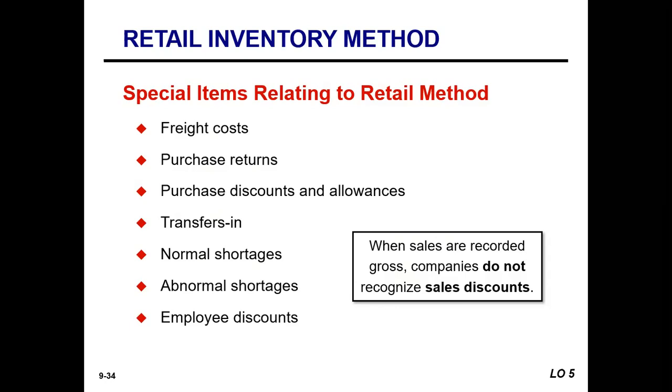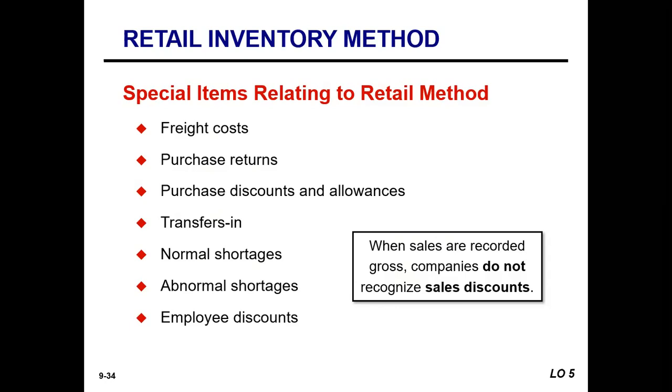Purchase returns, purchase discounts and allowances reduce the overall purchase price. So, if we take the total amount of purchases plus freight cost minus purchase returns minus purchase discounts and allowances, that kind of gives us net purchases, if you will, right?